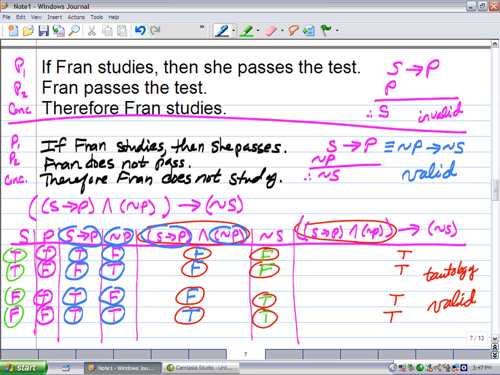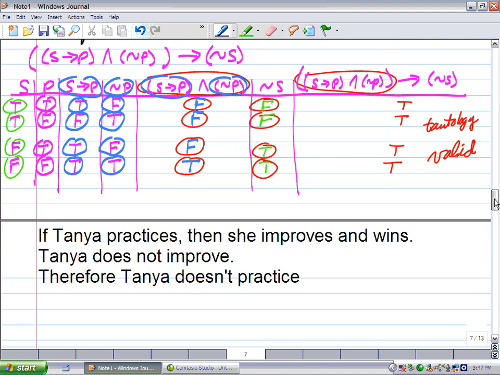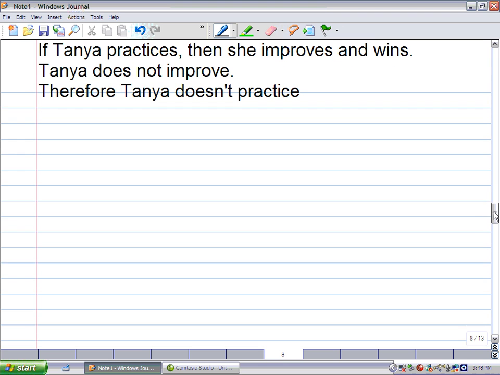Okay, let's put one that has an extra comment in it. If Tanya practices, then she improves and wins. Tanya does not improve, therefore Tanya does not practice. Again, we have just two premises and a conclusion. Okay, Tanya practicing.